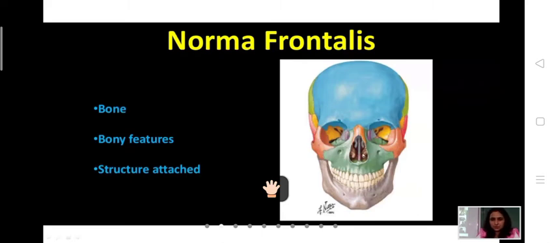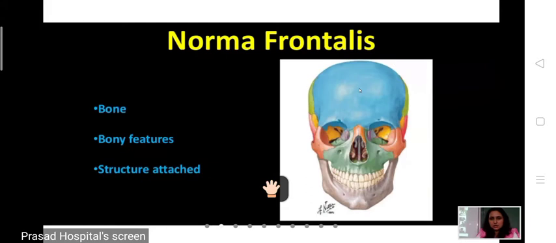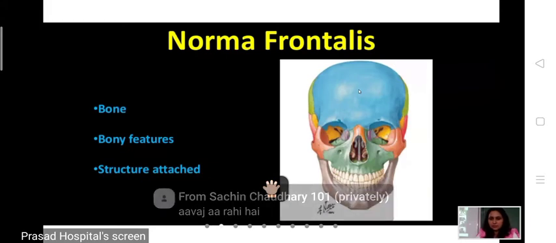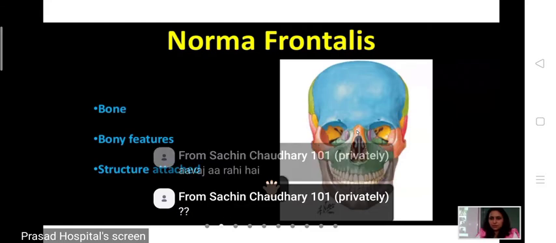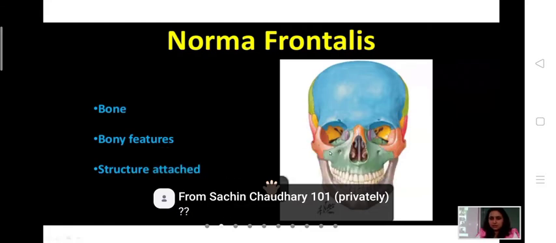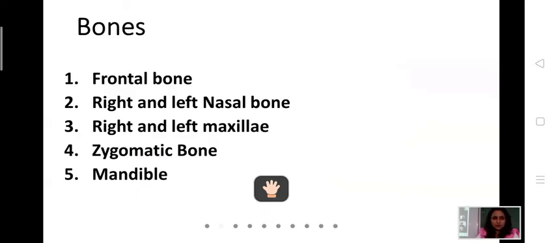So in the anterior view, the bones you can see, again I repeat, are the frontal bone, nasal bone, maxilla, zygomatic, and mandible. So here you can see frontal bone, right and left nasal bone, maxilla, zygomatic, and mandible.